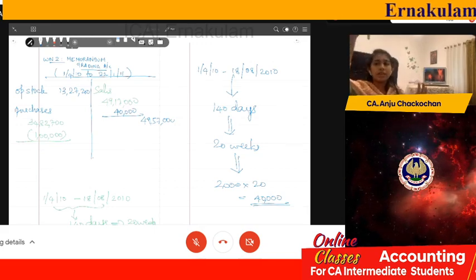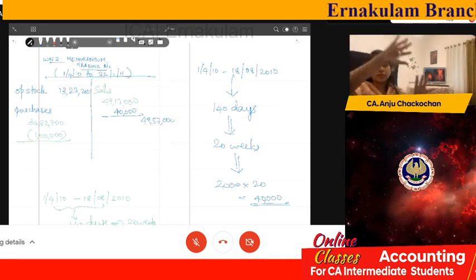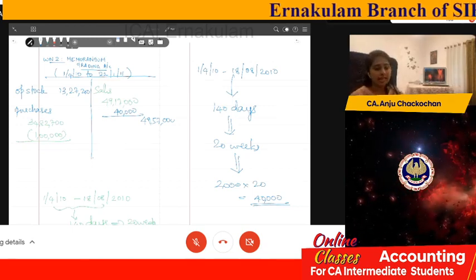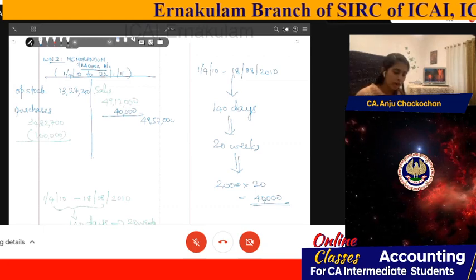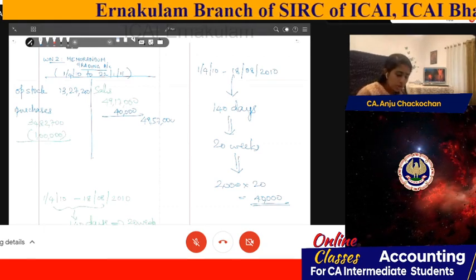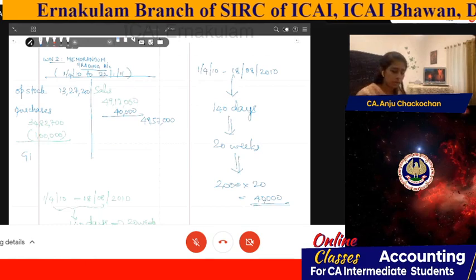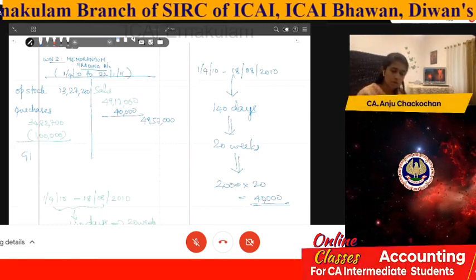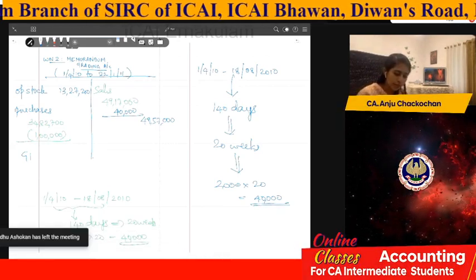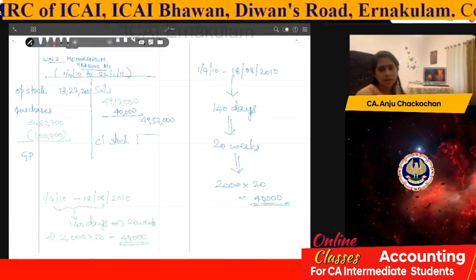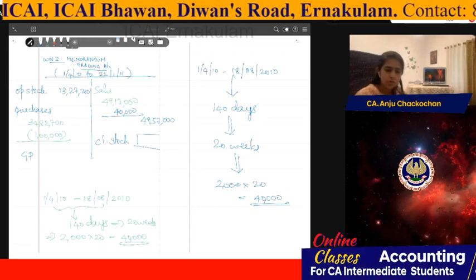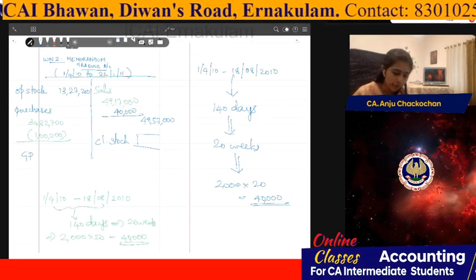You take it up with the sales and with the GP percentage, so automatically that gets eliminated. We have the sales here, opening stock here, purchases here, and the GP percentage you have already computed. You apply the GP percentage on the sales, you get the GP, and then you are here with the closing stock.